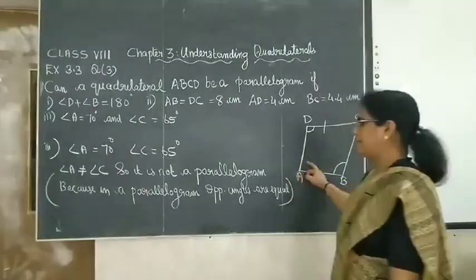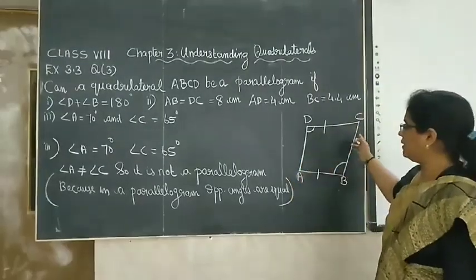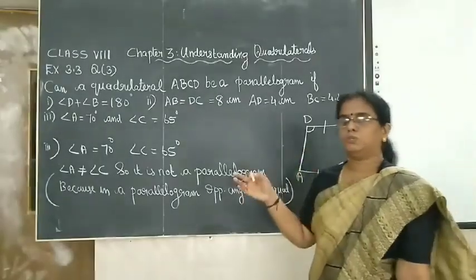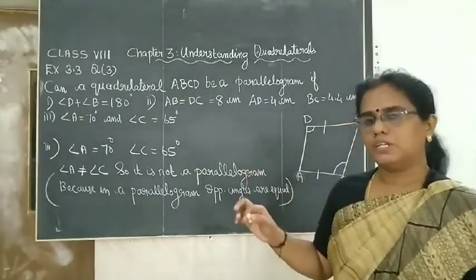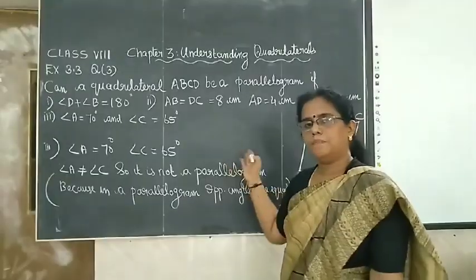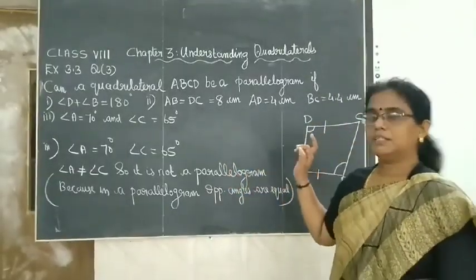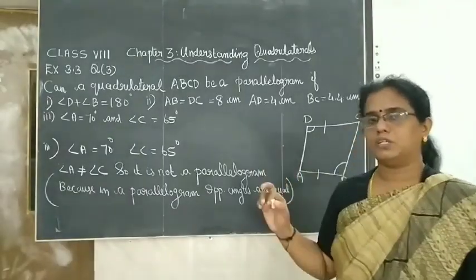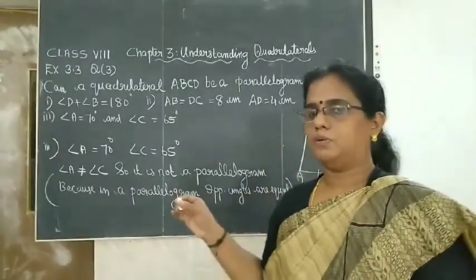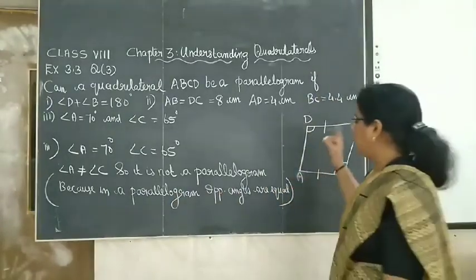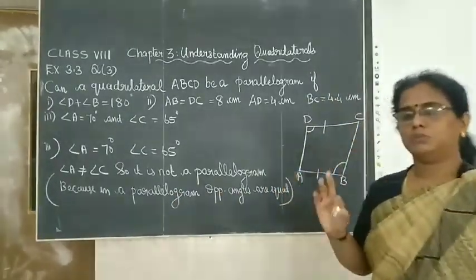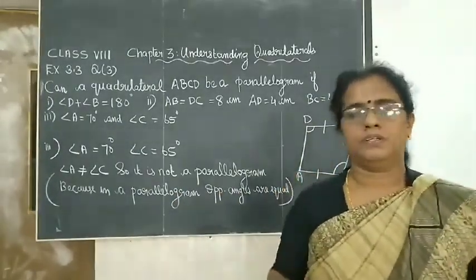But here, this angle is 70 degrees and this one is 65 degrees. So, opposite angles are not equal, therefore it is not a parallelogram. That is the answer to the third question. Because in a parallelogram, opposite angles are equal, opposite sides are equal.